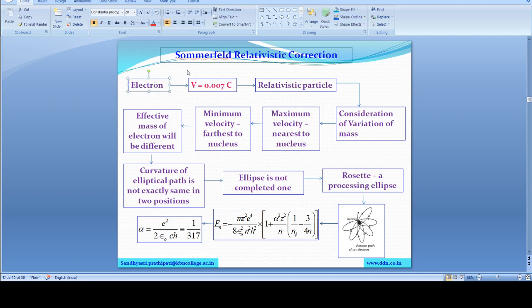We have already studied that the electron's velocity is 0.07 c. It is a relativistic particle. So we should consider the variation of mass. So maximum velocity at the nearest point, minimum velocity at the farthest point, effective mass will be different.